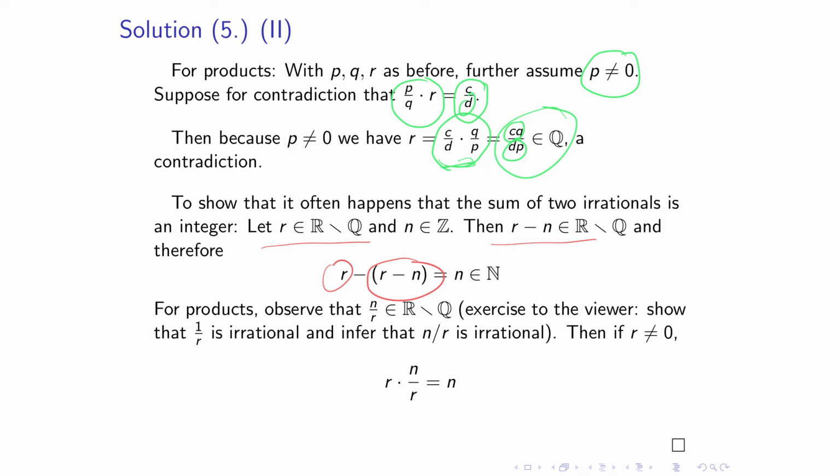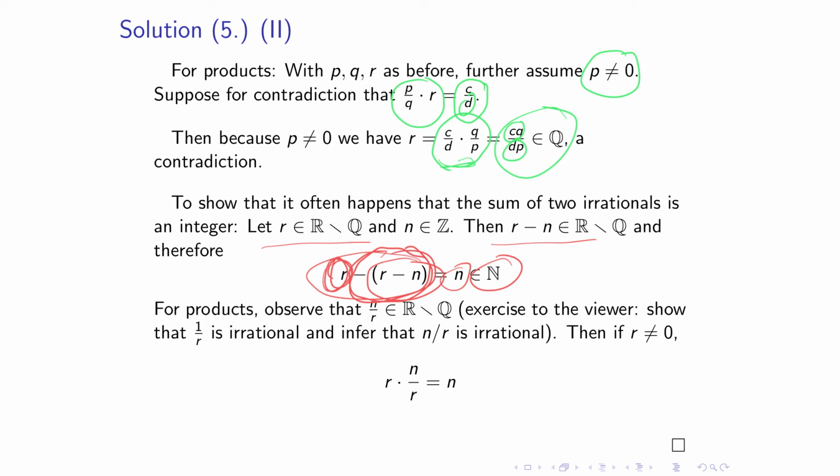Well then, when I compute their sum, it simplifies to n, which is an integer. So that shows that the sum of r together with this whole number, thought of as adding the negative version of it, gets you a natural number, so that's infinitely many sums of irrational numbers that result in a natural number.